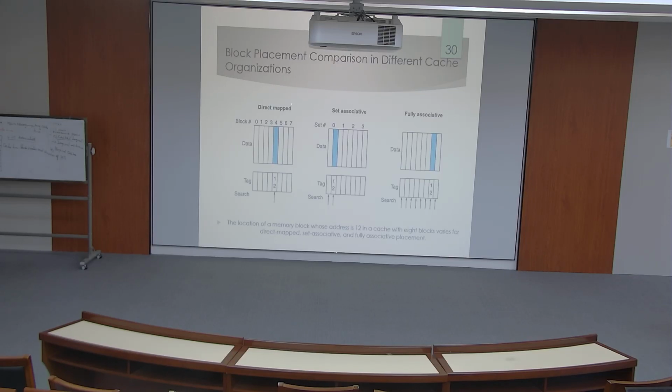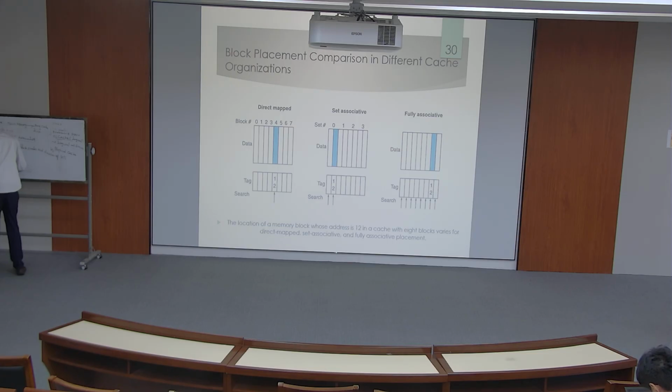For the direct map, we have the location of block number 12, which needs to be loaded into cache line number 4. Pay attention. Here we have block number 12 from the main memory.